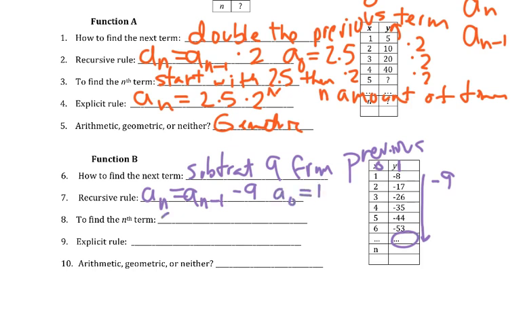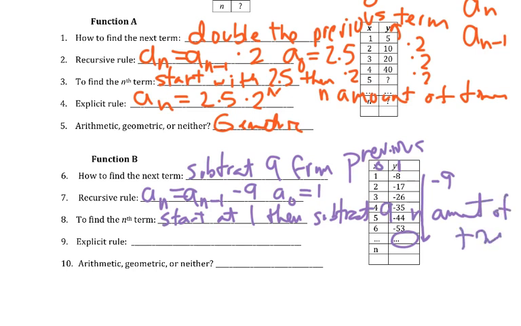So to find the nth term, we start at 1, then subtract 9 n amount of times. Explicit rule: a sub n equals 1 minus 9 times n. And because we're subtracting repeatedly, that is definitely arithmetic.